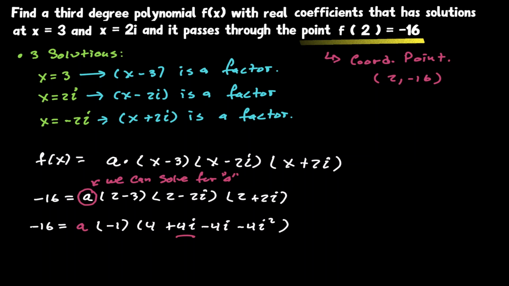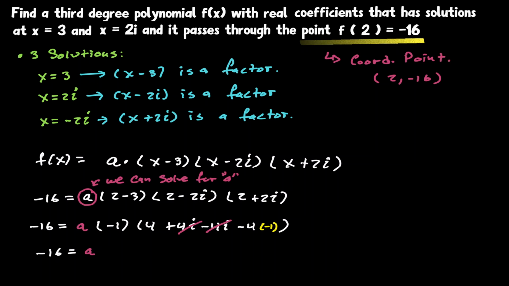Notice that here we have two terms that can get cancelled out, 4i and negative 4i. And in addition, notice that here we have the expression i squared. We have said in the past that i squared is equivalent to just negative 1. So we can substitute that for negative 1. Now let's keep simplifying.